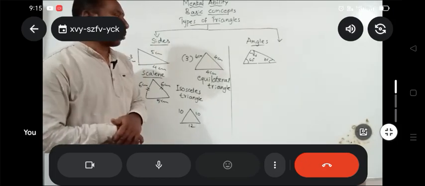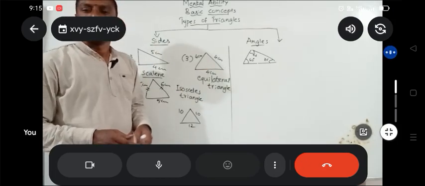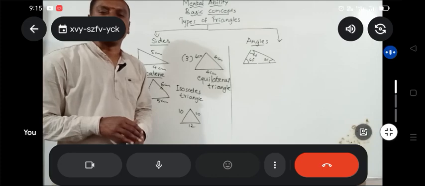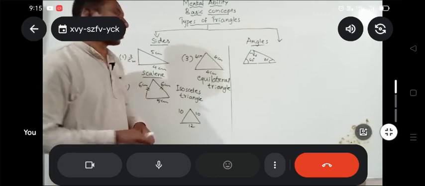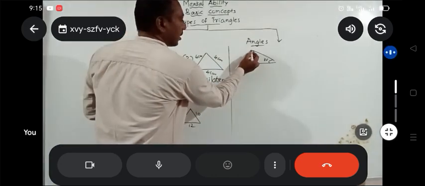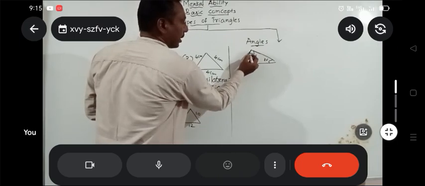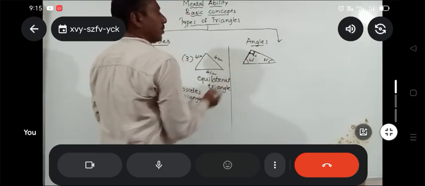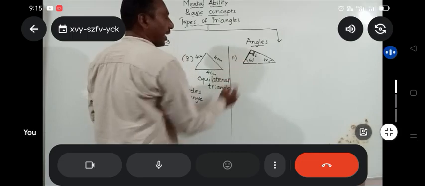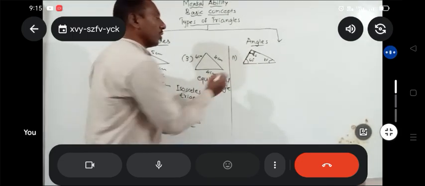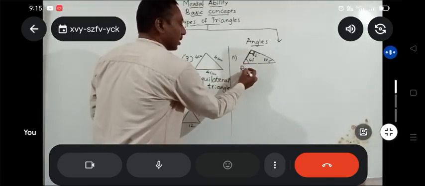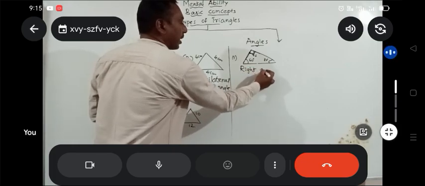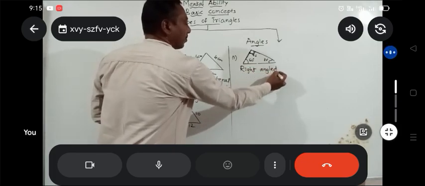Now, when you look at this triangle, one of the angles is 90 degrees. You can notice here, this is exactly 90 degrees. When one of the angles in the triangle is 90 degrees, we call that one a right angled triangle.